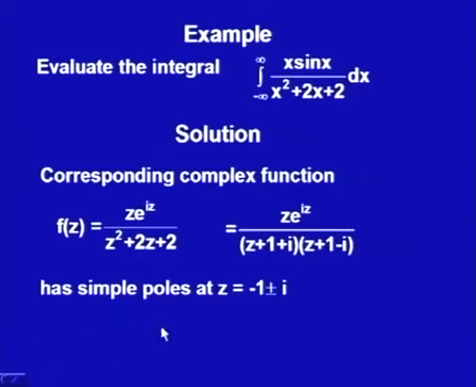I would like to use our residue method, which says that if the function is f(z) e to the power iz dz, and it has a finite number of poles inside a simple closed contour, the integral value would be 2 pi i times the sum of the residues at those simple poles. So, let us try to apply it.